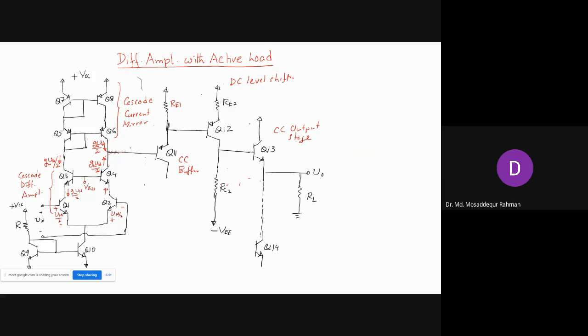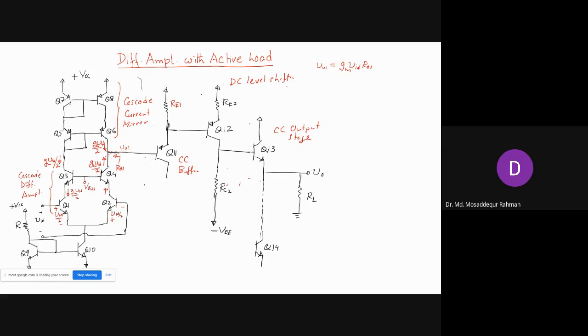Because we have an output resistance here, let's say this is R01, and the gain depends on this output resistance. Let's say this is our V01. So V01 will be the current, gm times vid, times the output resistance R01.